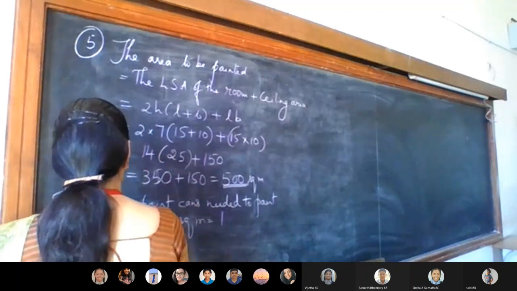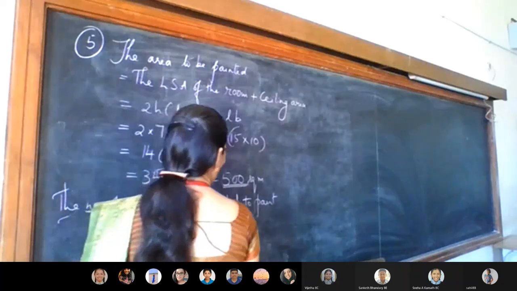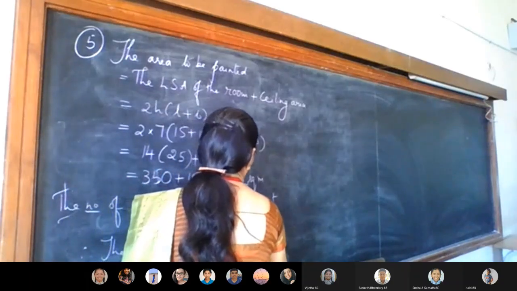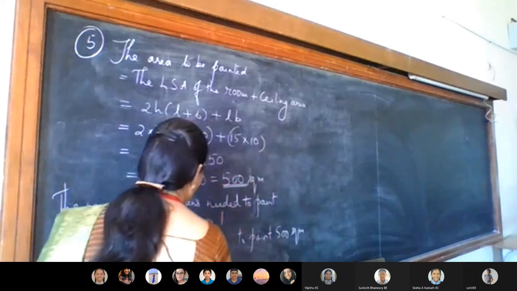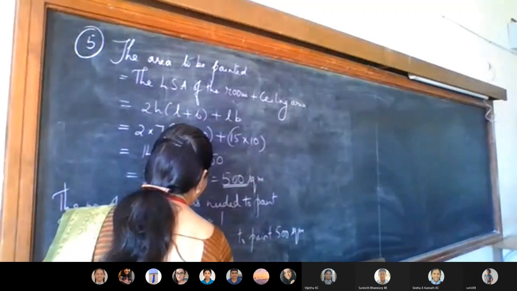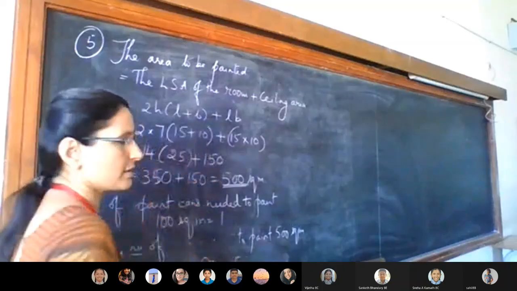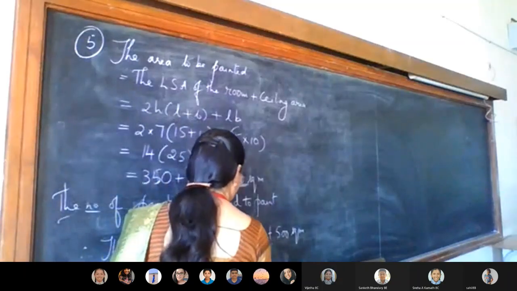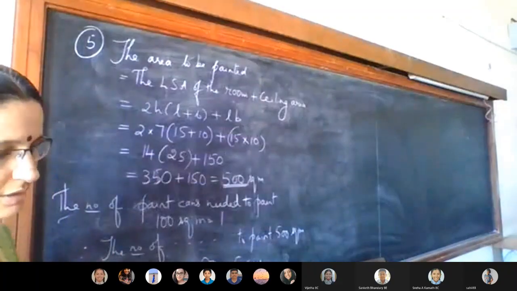Therefore, the number of cans needed to paint 500 square meter is equal to 500 divided by 100, 5 containers. Yeah, 5 cans.